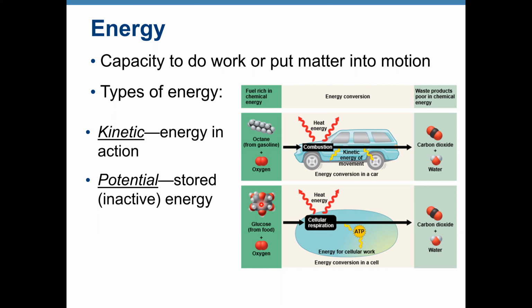So again, we have potential energy that is transformed into another potential energy, but in a different form, and then ATP can be transformed into kinetic energy. And waste products are the same, carbon dioxide and water. So this process is called cellular respiration.